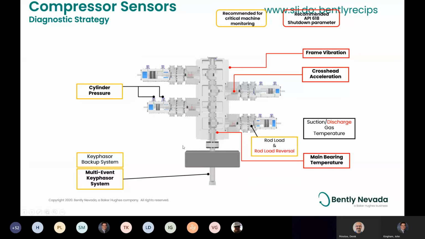Along with cylinder pressure, you're going to get rod load and rod load reversal. We believe rod load reversal is a parameter that maybe you don't shut down on, but you certainly alarm on. As this piston is moving back and forth, it's compressing gas, and you'll have force working on that piston.